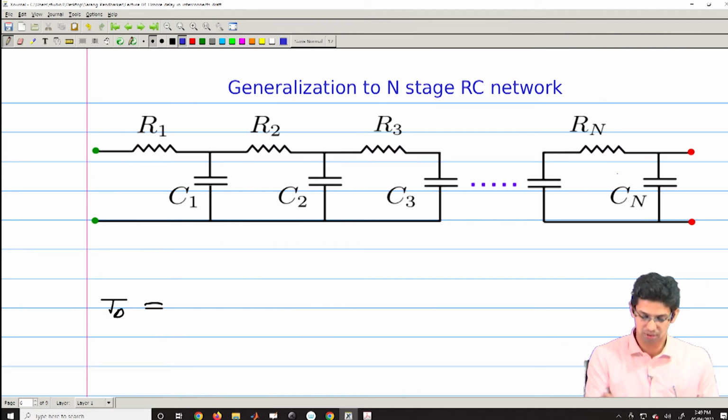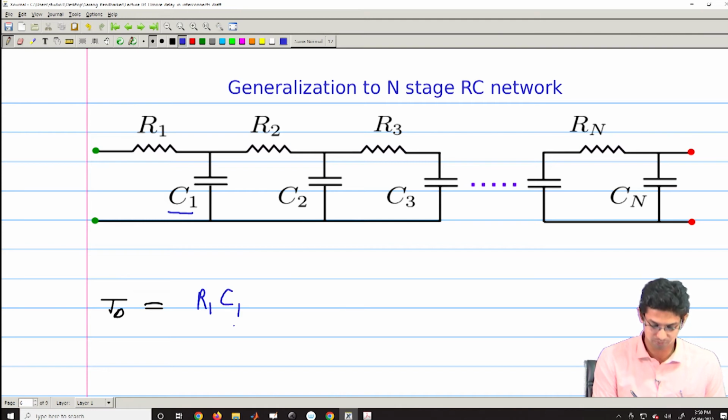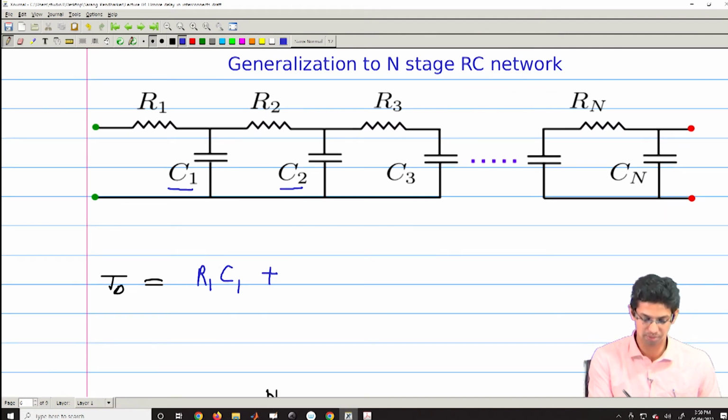So, if I have something like this, in the first approach what I was doing is that I was collecting the capacitances. This capacitance is being charged by R1. So, I have R1 into C1. In the second term, I had R2 into C2, as my second capacitor was charged through R1 and R2.